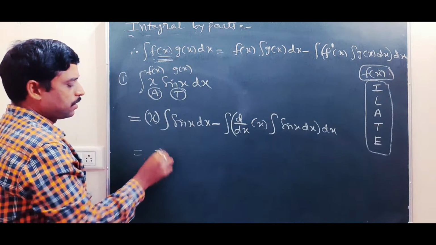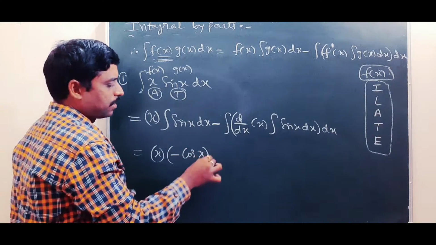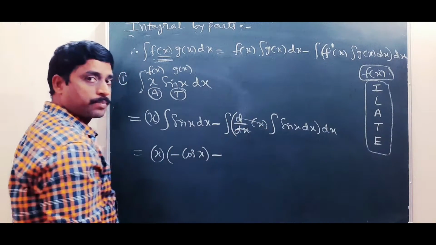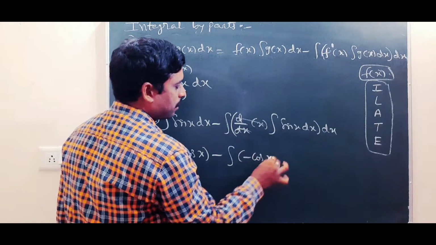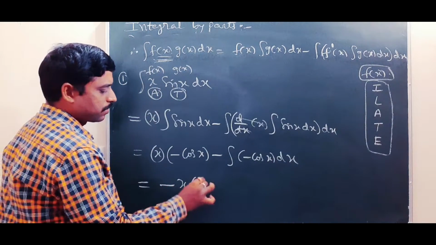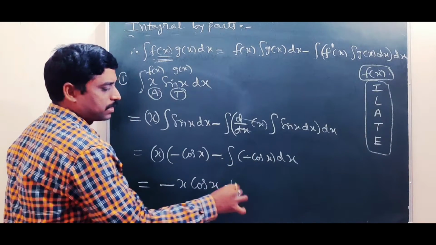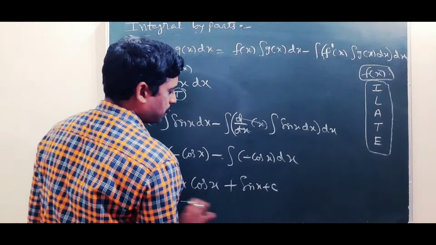So x into integral sin x, we get minus cos x. The differentiation of x with respect to x is 1, and the integral of sin x is minus cos x, dx. It is going to be minus x cos x. So minus into minus is plus, integral cos x, we have sin x plus c. So this is the answer.